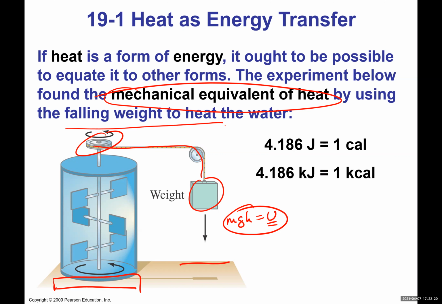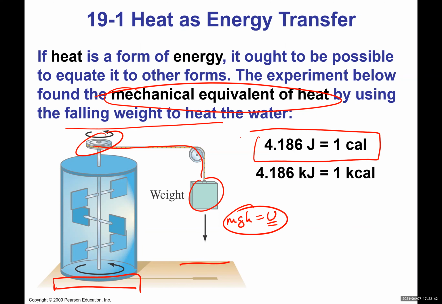That means all it needs is added energy. Doesn't matter how you add energy, as long as you add energy, temperature will increase. You remove energy, temperature will decrease. There's no invisible substance or anything like that needed. It's just pure energy going into the system or coming out of the system. So this equation is what we call the mechanical equivalent of heat.